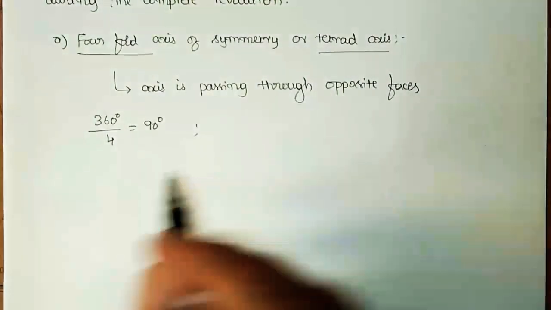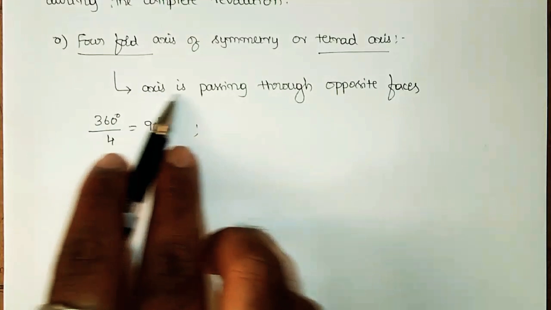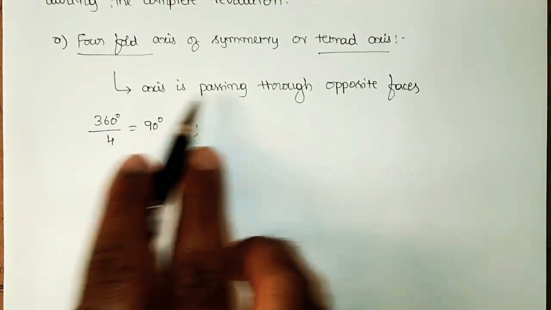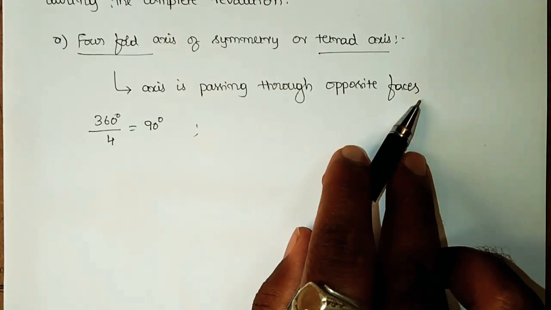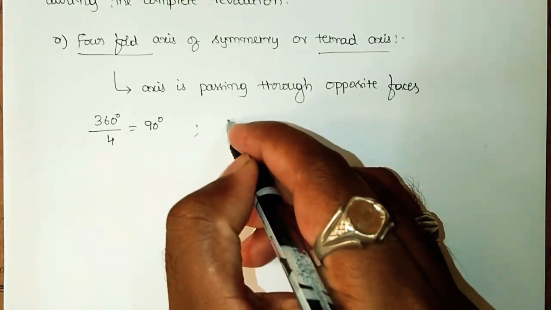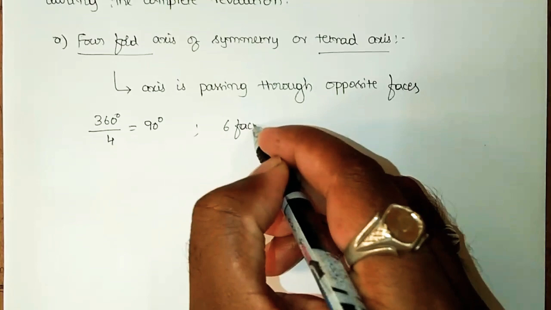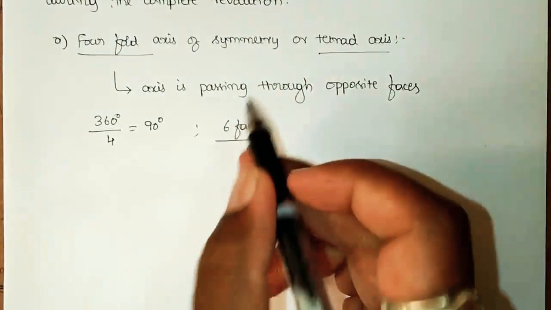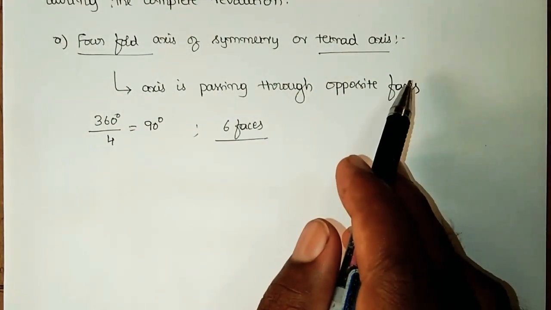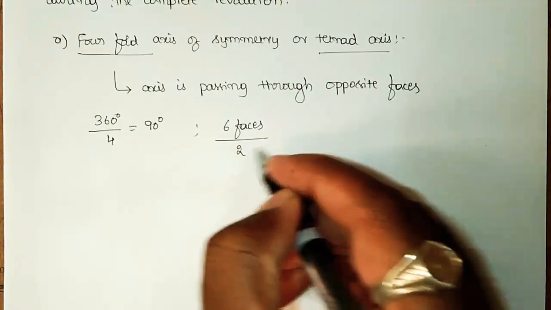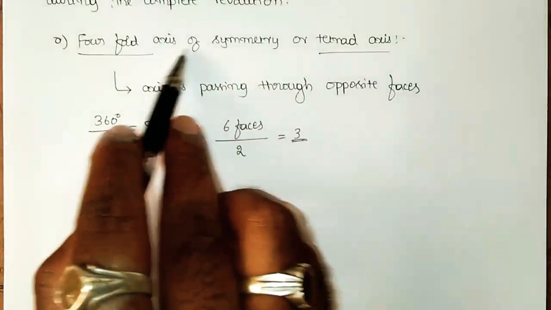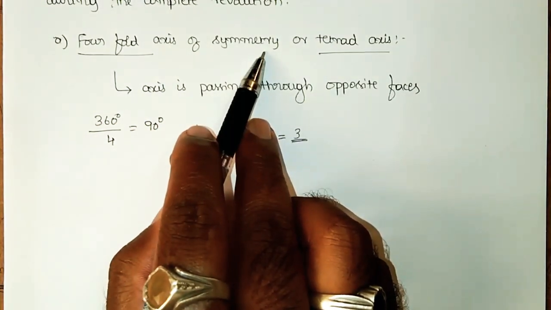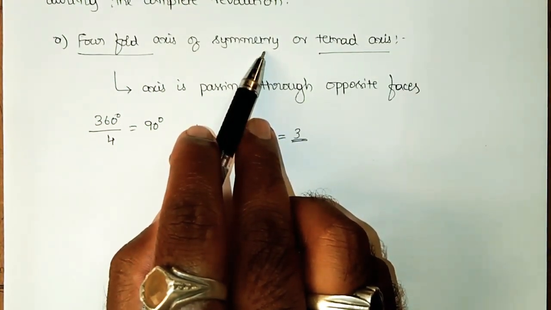As I said, the fourfold axis is the one which is passing through opposite faces. In a cube, we have a total of 6 faces, and one axis covers 2 opposite faces. So 6 divided by 2, there will be a total of 3 fourfold axes of symmetry present in a cubic crystal.